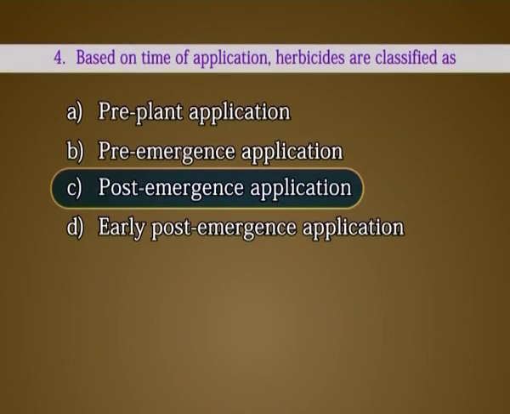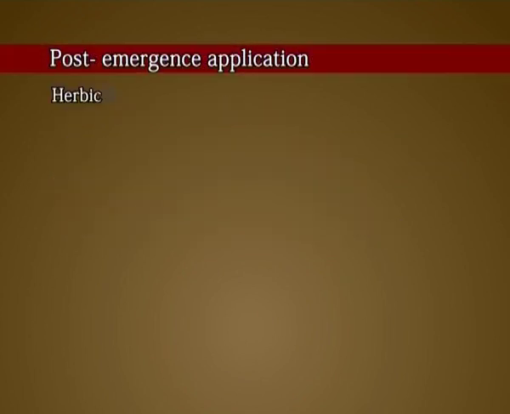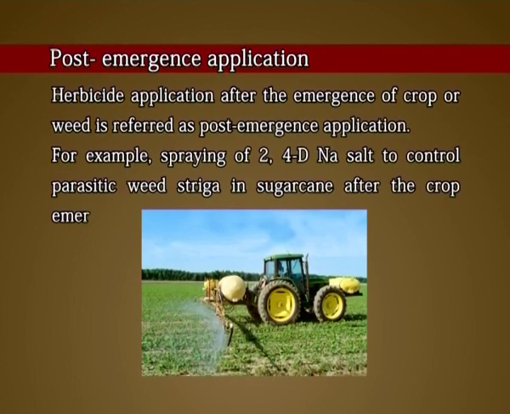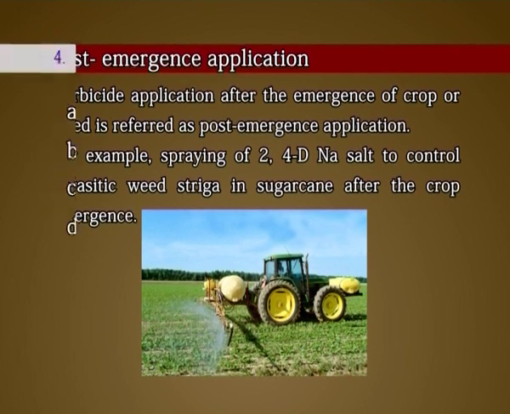Number C, post-emergence application. Herbicide application after the emergence of crop or weed is referred to as post-emergence application. For example, spraying of 2,4-D sodium salt to control the parasitic weed striga in sugarcane after the crop emergence.